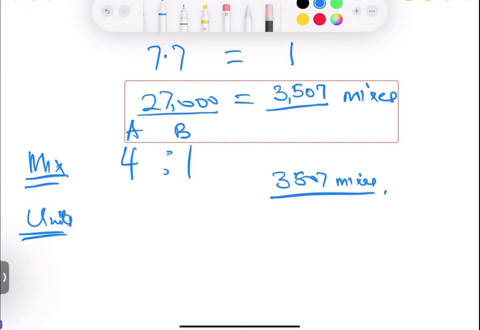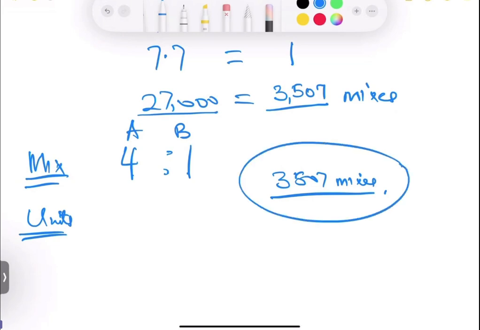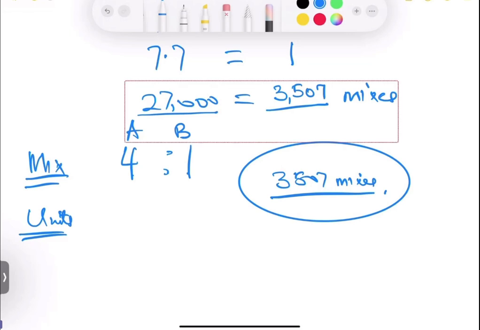Let me start with B. Kesha, how many units of B are we going to sell? One mix is 4 units of A, 1 unit of B. Now we are selling 3,507 mixes. What does that translate to for B in terms of units? 3,507. Exactly.